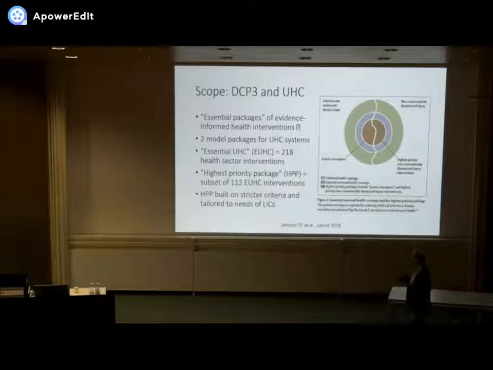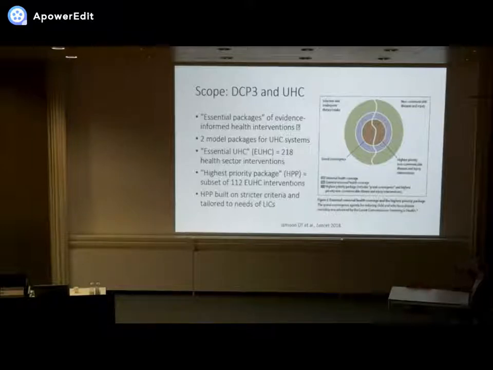And so the HPP was defined as a subset based on criteria of very good value for money, financial protection, equity considerations, and other things that might be especially relevant for defining a benefits package in a low-income country setting. And so you can visualize how we thought about our UHC packages here. If you look at this pie and this green circle, UHC is defined by France or Sweden or something, everything can be done for everybody.